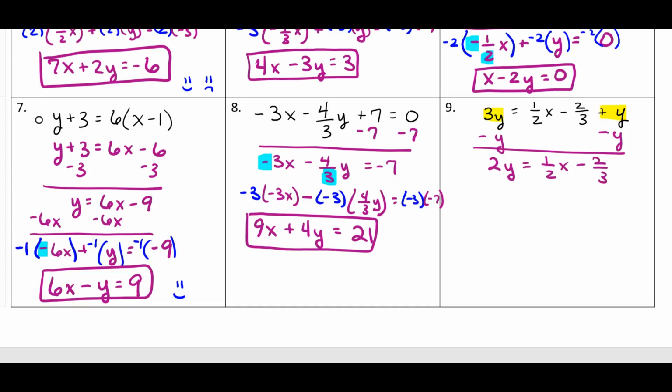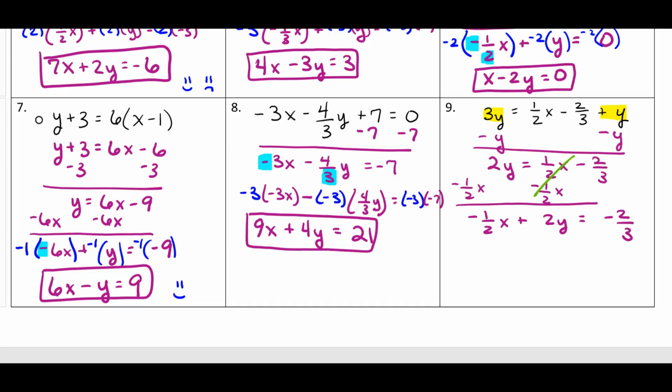So now it looks a little more like what we've been used to. Now our next step is to move the 1/2 x to the left side with the y, giving us negative 1/2 x plus 2y equals negative 2/3. Notice that these x's canceled out.